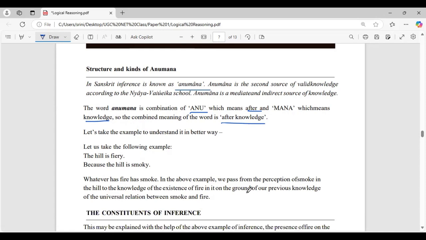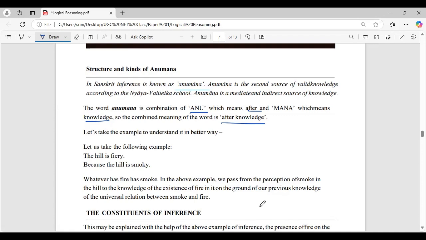Example here: the hill is fiery because the hill is smoking. Whatever has fire has smoke. In this example, we pass from the perception of smoke in the hill to the knowledge of the existence of fire in it, on the ground of our previous knowledge of the universal relation between smoke and fire.